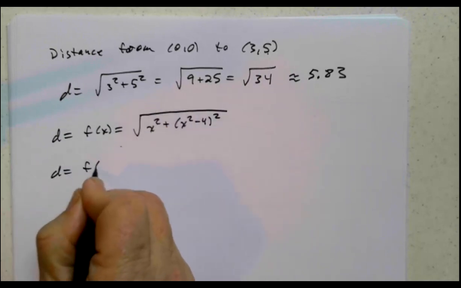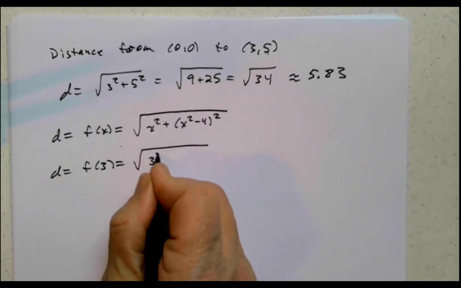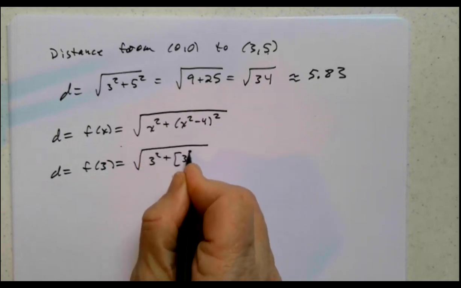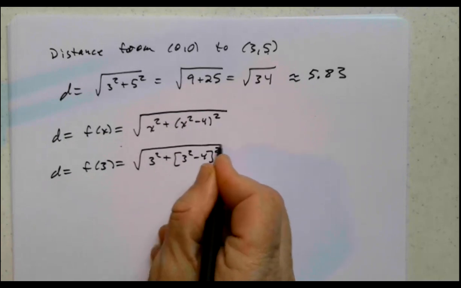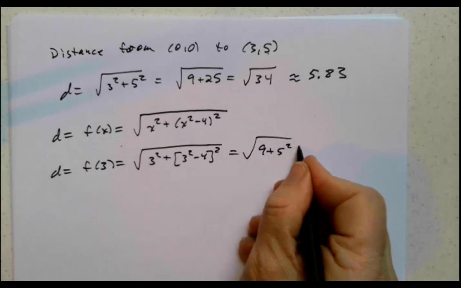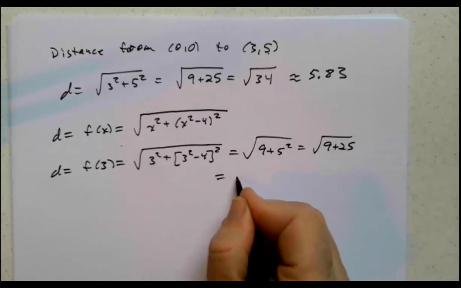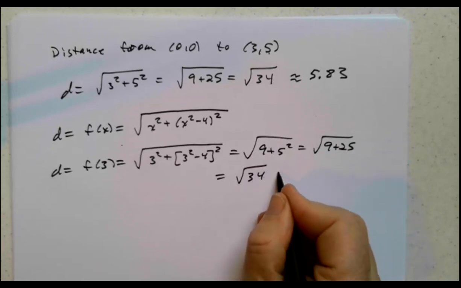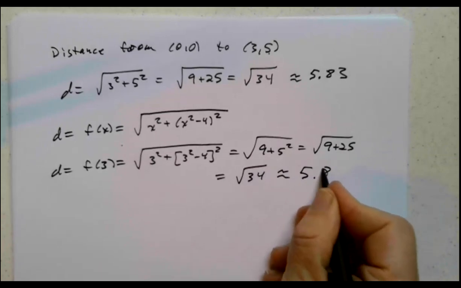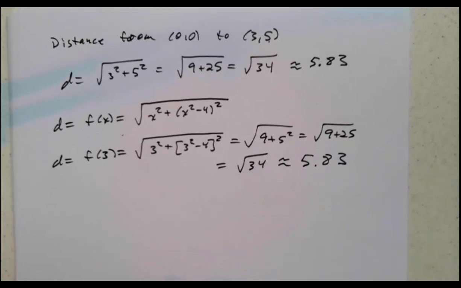And you'll see we're going to get the same answer. f of 3 is the square root of 3 squared plus 3 squared minus 4 squared. Square root of 9 plus 9 minus 4, 5 squared. Square root of 9 plus 25, which is, of course, the square root of 34, or about 5.83. But what question do I want to know? I want to know what point on the parabola is closest to 0, 0.